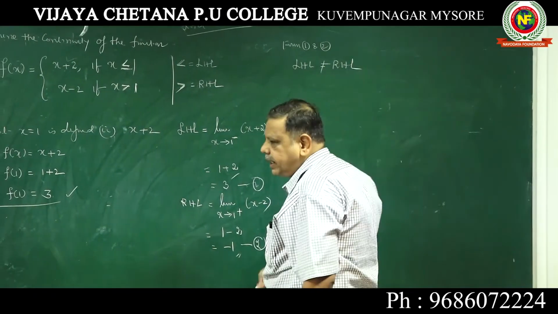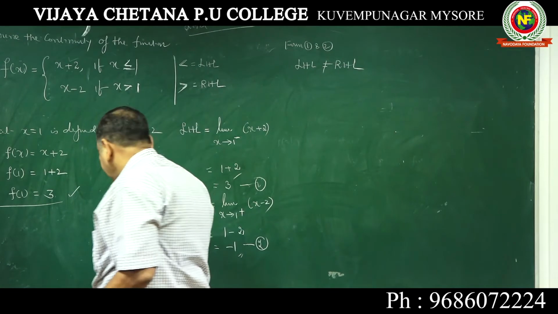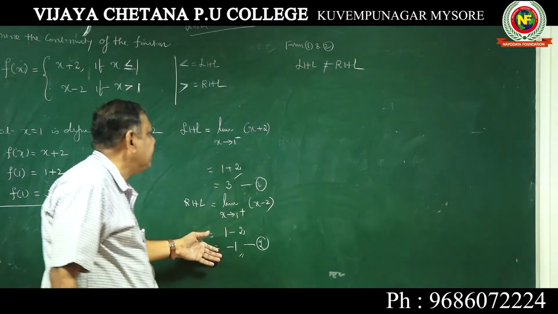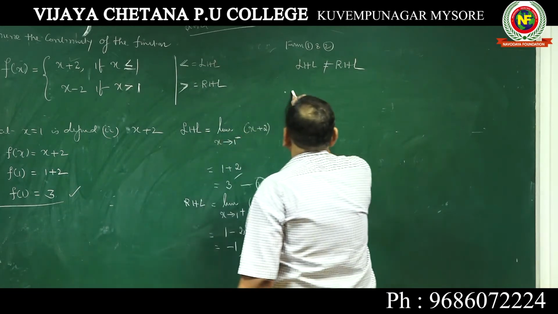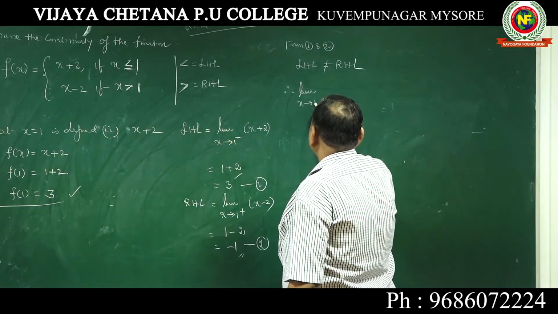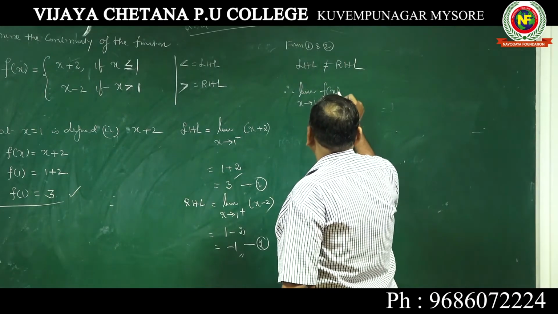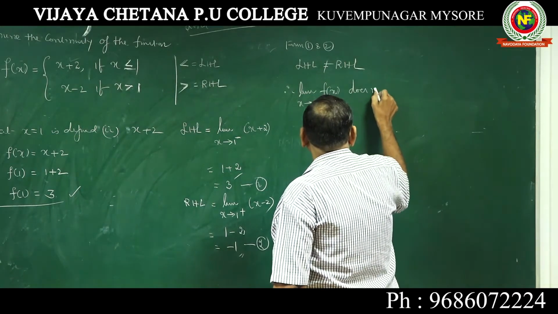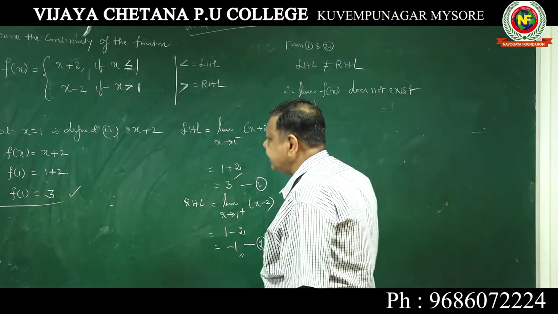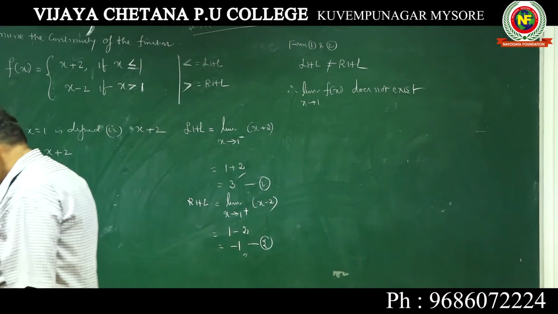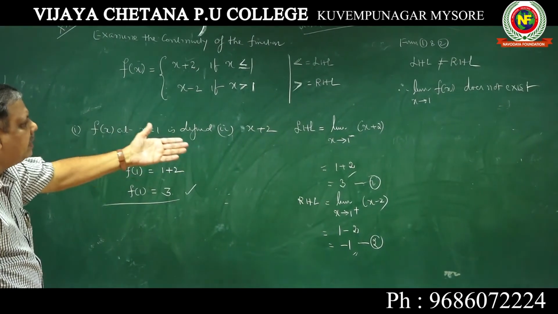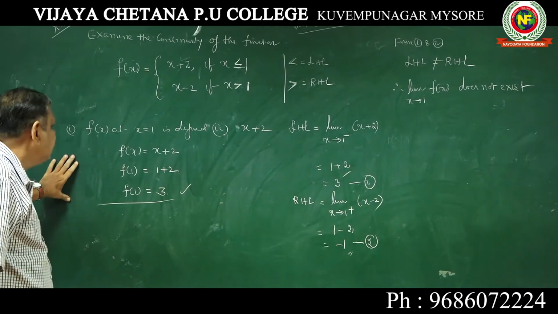The left hand limit is 3 and the right hand limit is minus 1. Therefore, what is the conclusion? The limit extending to 1 of f of x does not exist. You should say that it does not exist.